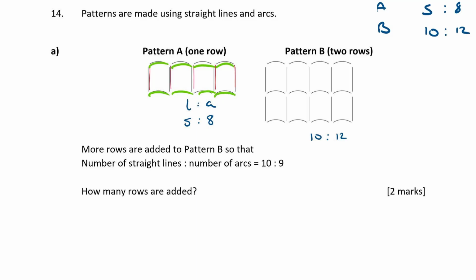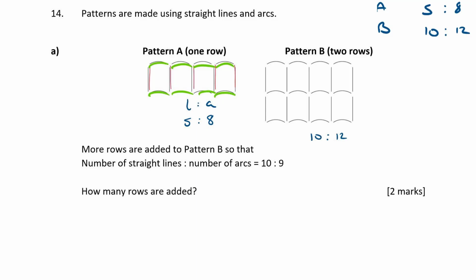Basically every time we add another pattern onto this, we are going to be adding 5 more rows, aren't we? So each time we add one, we're going to be adding 5 more. This is a +5 sequence.